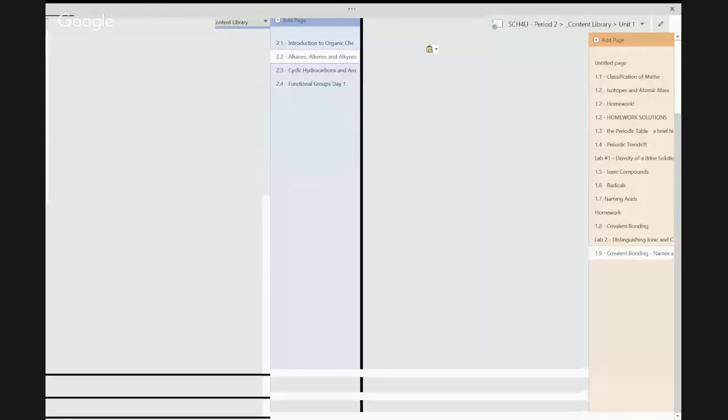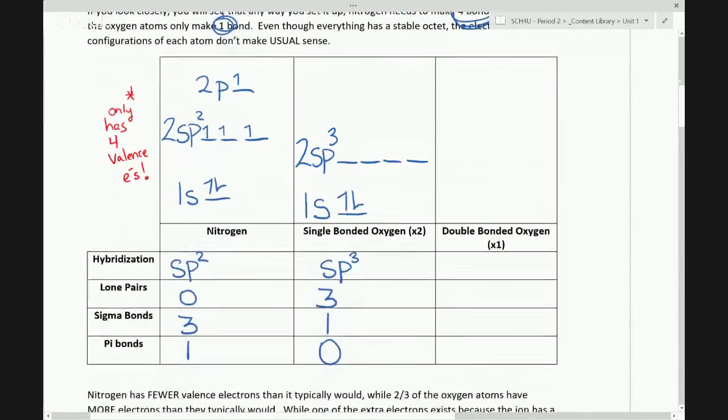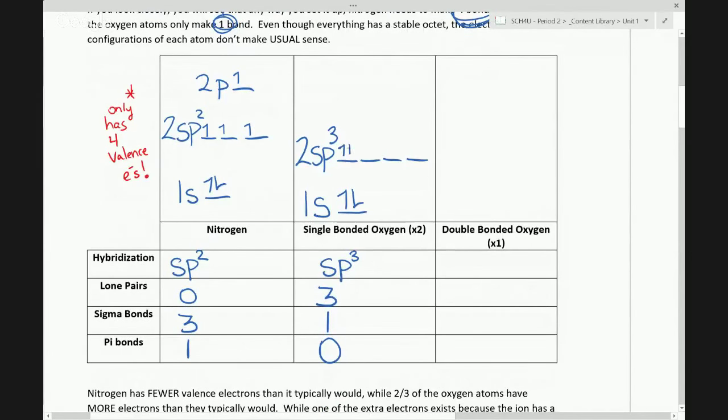And so again, if we quickly want to make electron configuration for this, we would say that the 1s orbital has 2 electrons, and then the 2 sp3 hybrid should be 4 shells, and 3 of those will have lone pairs of electrons, and the 4th one will only have 1 electron so that it can make a single bond, a sigma bond.